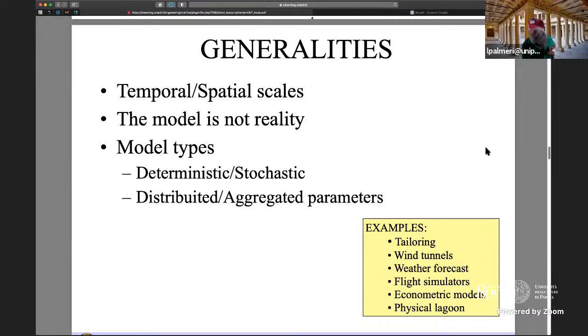This means that in deterministic terms, I can deterministically link the state of a system with its evolution in time.